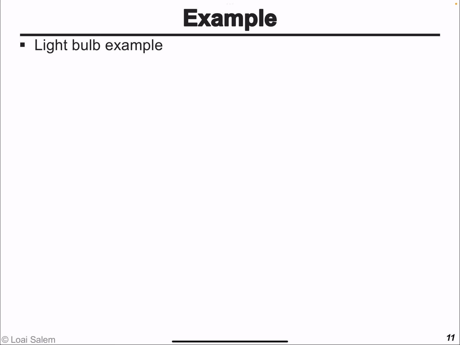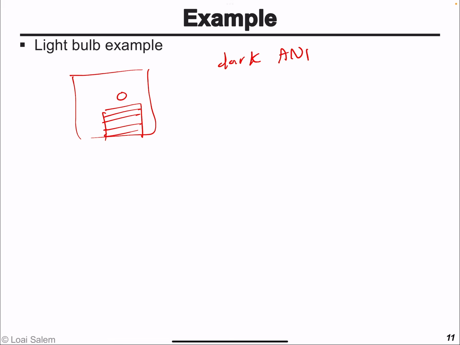And so if we go back to our example of the garage door light bulb, we want to turn on the light bulb only if it's dark and there is motion. To implement that, we're going to connect 2 transistors in series.